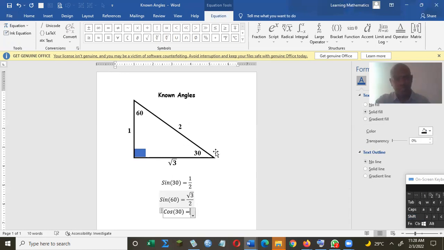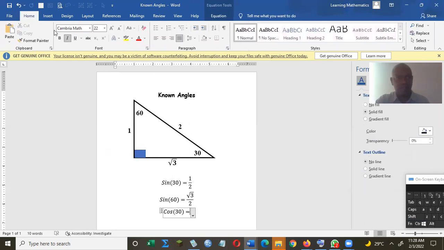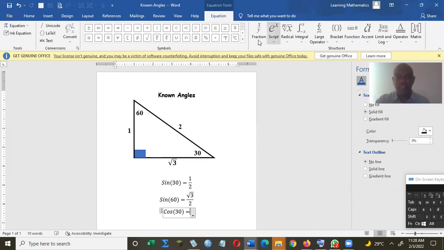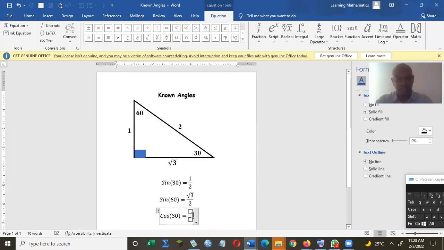Cosine of 30, the side adjacent to 30 will be root 3. Cosine of 30 is root 3 over 2. Cosine of 30 is equal to sine of 60. All those relationships you can see, cosine of 30 is the same as sine of 60.